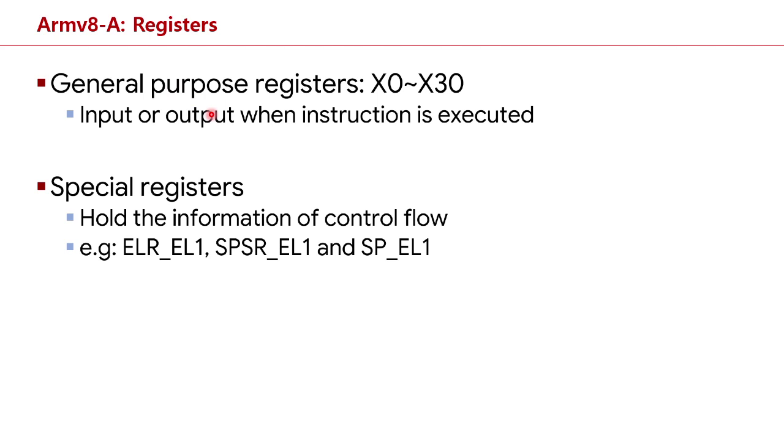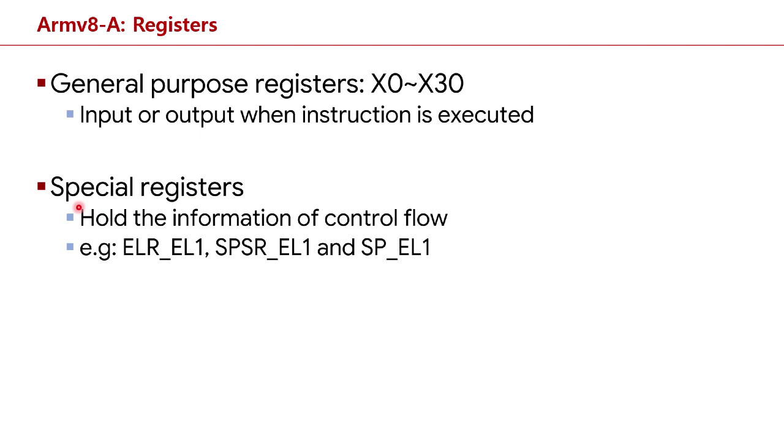So understanding how the general purpose registers are organized is important. The X0 register is used for multiple purposes. It could be used as an argument register, and when you return a value from a function, the return value will be stored in the X0 register. And the X30 register is the link register in ARM version 8 architecture. We will deep dive into more about the general purpose registers in a later lecture.